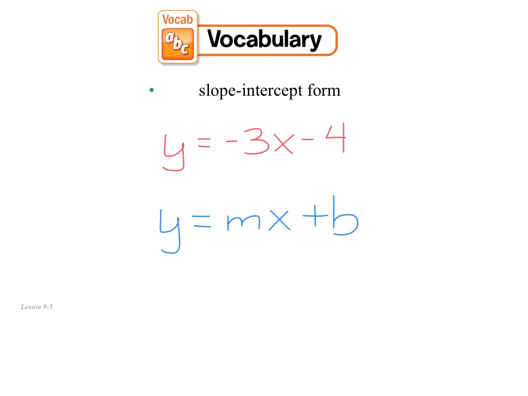Stop right there. Label it: m is the slope. What do we think b stands for? It's our y-intercept.